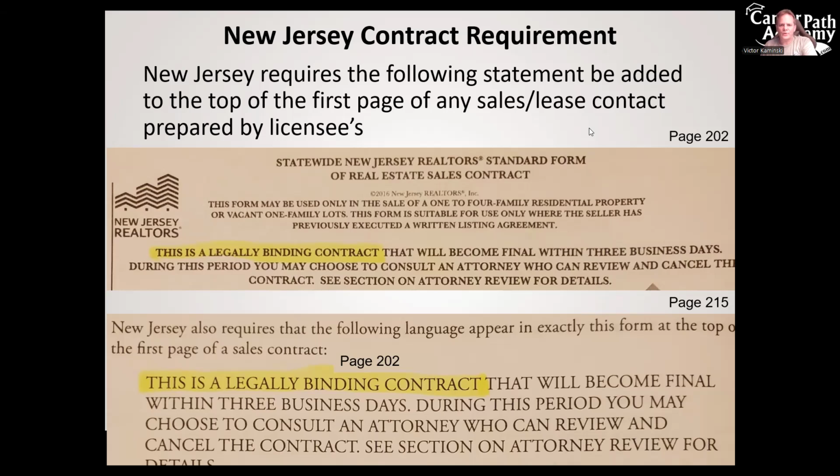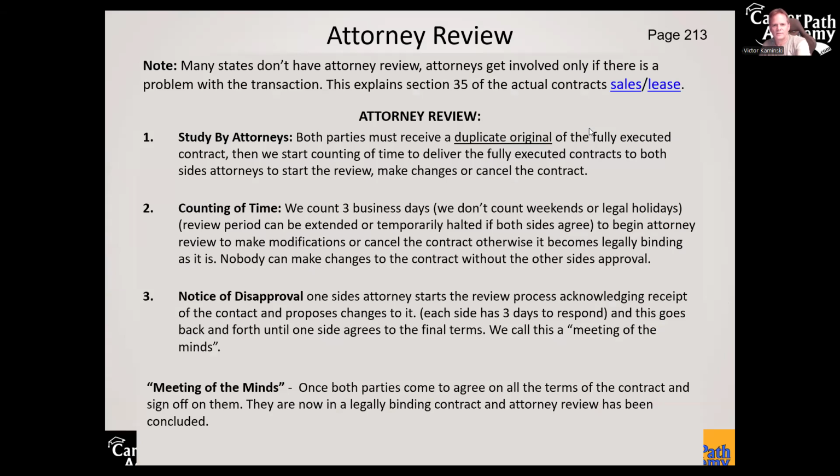So attorney review, how does attorney review exactly work? Is attorney review 3 days long? Well, it could be longer. It's just that each party has 3 days to respond to the last side's last response.